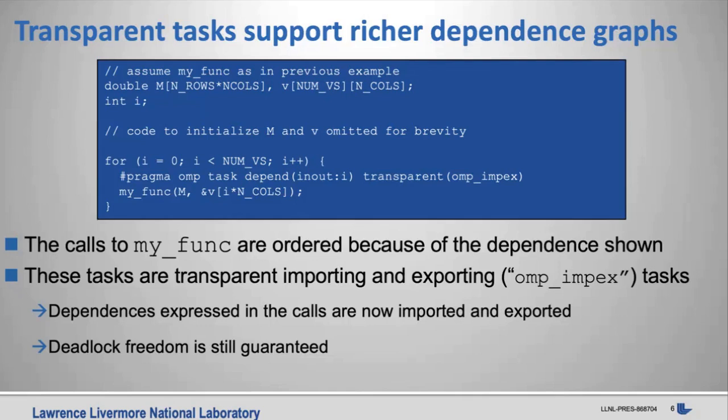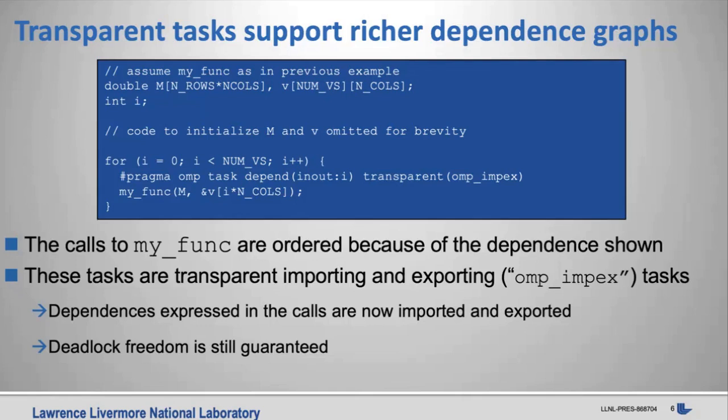And in fact, if the subsequent tasks are dependent on the transparent task, then the dependencies from within the transparent task will flow out and into that following dependent task.